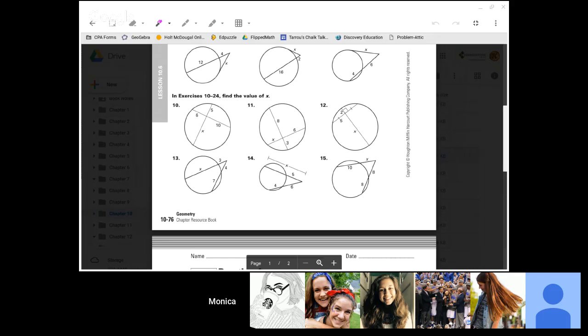Okay, so for 15, this is one where you have 2 secants. So you've got the outside times the whole thing equal the outside times the whole thing. So the outside of that top secant is what? And then what's the whole secant for that one?